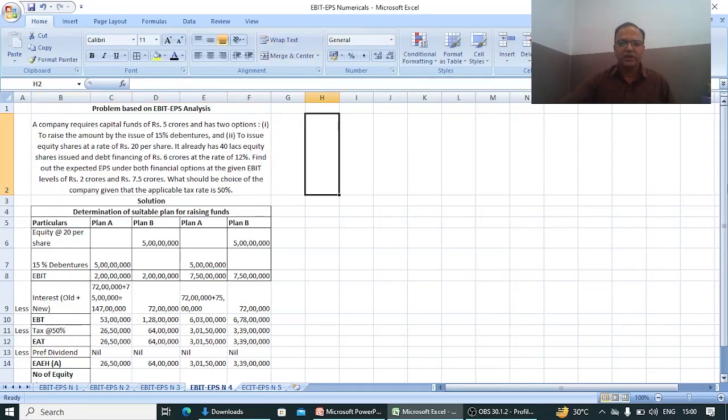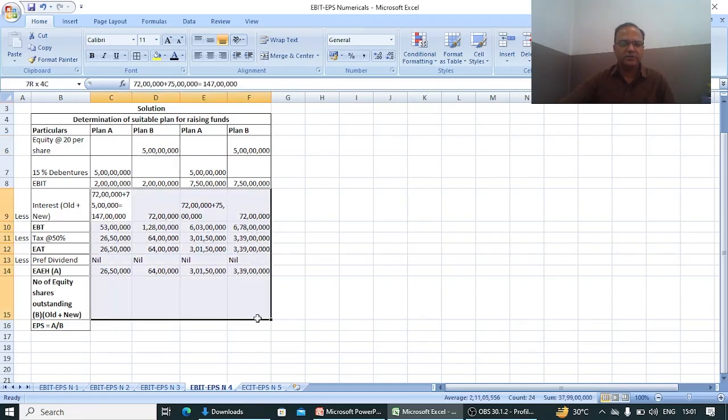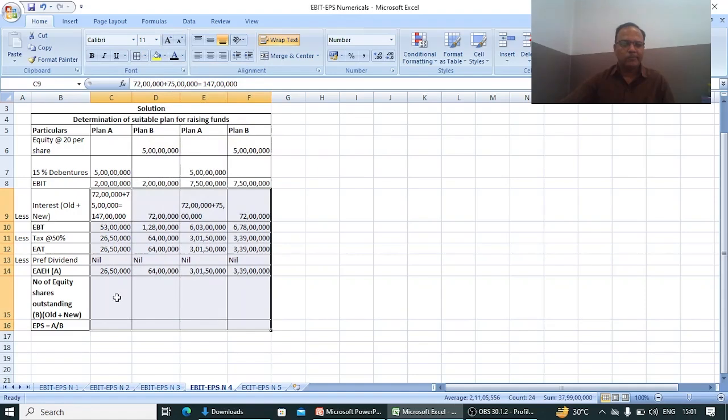So here 40 lakh plus new will be nil. Here old plus new: 40 lakh plus new.